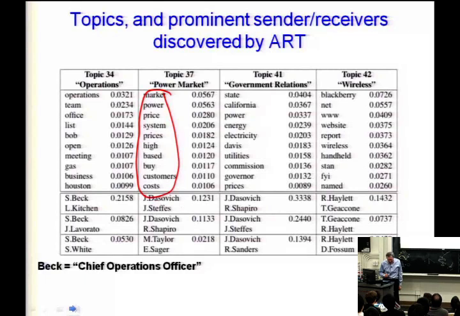But if you go to the directory of Enron, for example, Beck is the Chief Operations Officer. So he's involved in these topics about operations, team, office.